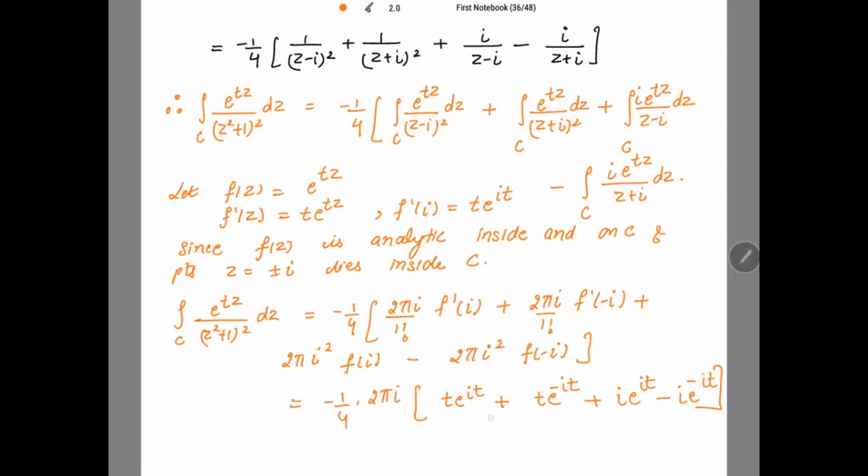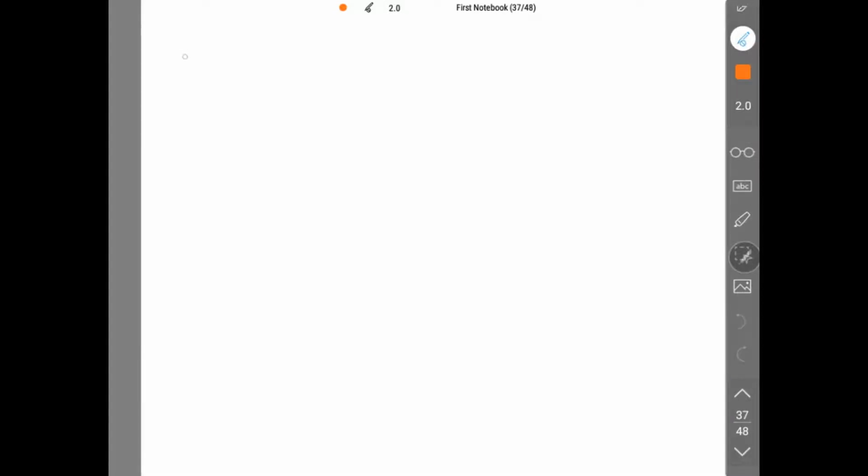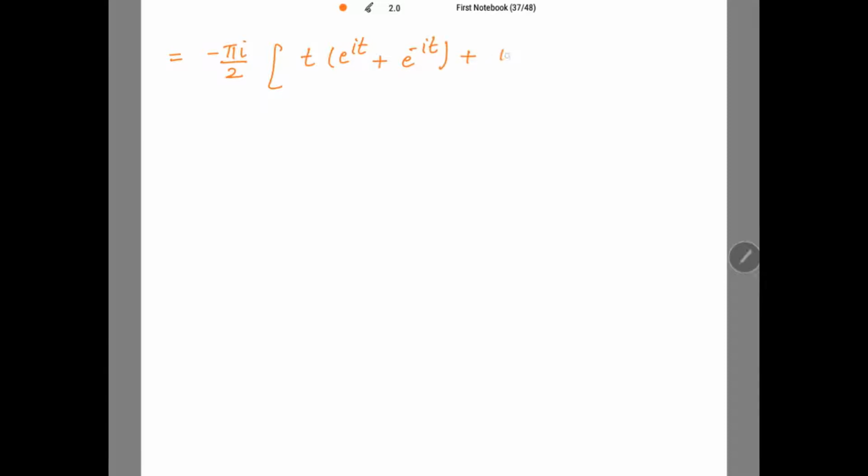So taking t common in the first two terms and iota common in the last two terms, we will get minus pi iota over 2 into t times (e to the power iota t plus e to the power minus iota t) plus, taking iota also common, (e to the power iota t minus e to the power minus iota t).